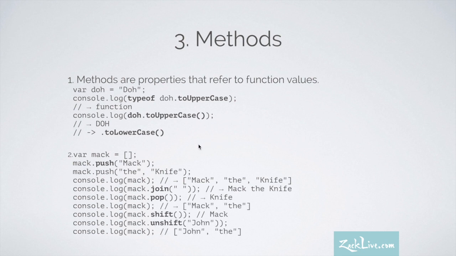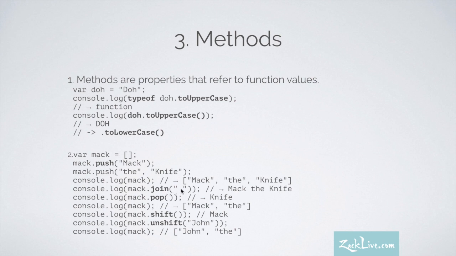Here are some useful methods for arrays. We have push, which adds a new element to an array at the end. And then we have join, which combines all the elements together and turns them into a string.